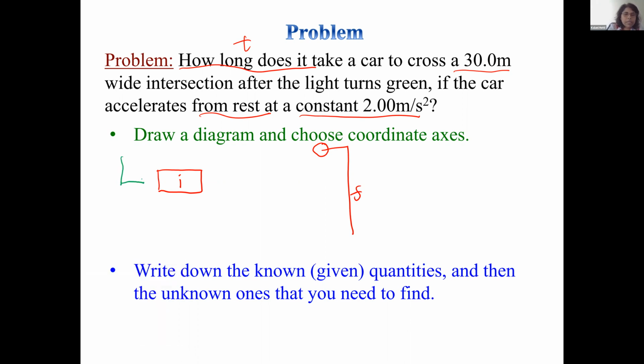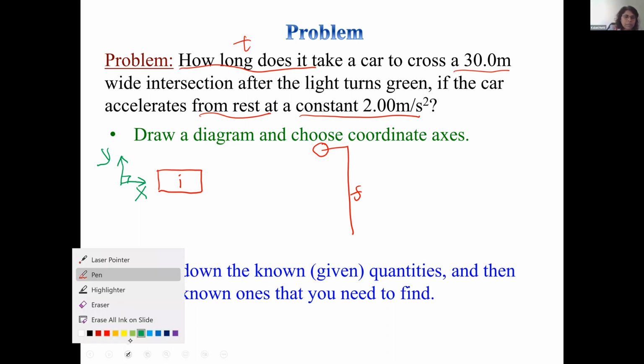I only have the x direction, but if I measure something in the x direction, that will be positive. If I measure something in the y direction, that will be positive. If I have anything backward or downward, those will be negative quantities. That's what the coordinate system does. Unless you draw that, the problem solving that you are doing has no meaning. Because of that, make sure you do it.